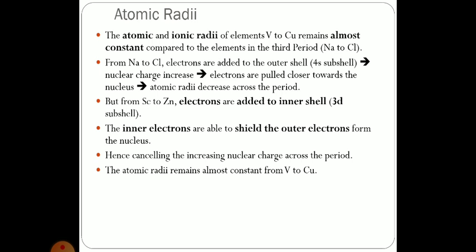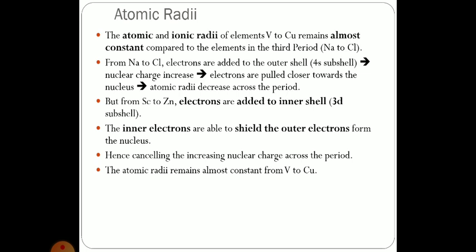From sodium to chlorine, electrons are added to the outer shell, that is the 3s and 3p subshells. Nuclear charge increases, and electrons are pulled closer towards the nucleus. Therefore, atomic radii decrease across the period, meaning as we move from left to right.